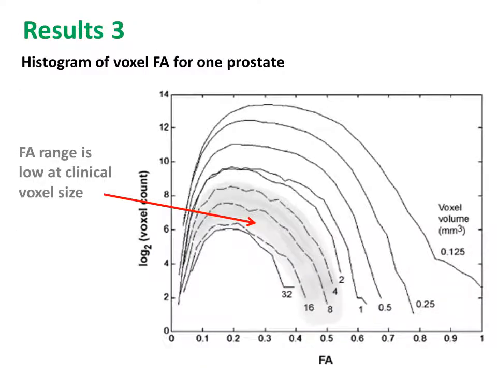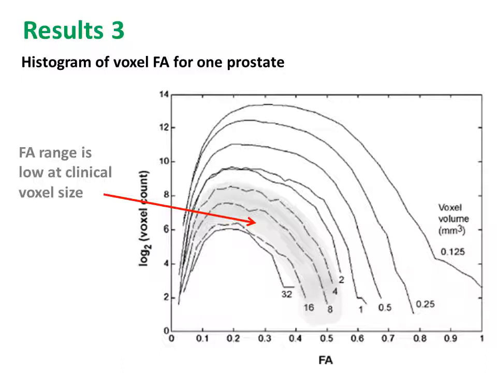If we look at one particular prostate and how the FA changes as the voxel size increases, we see that if we start with the smallest voxel size, 0.125 millimeters cubed in this case, the average FA is about 0.4 to 0.5. The maximum we can see here is about 0.8.